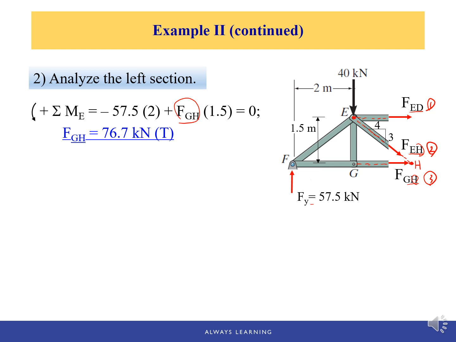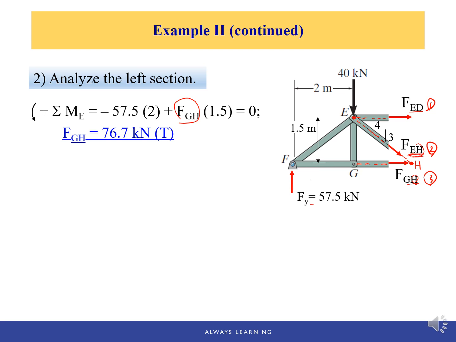And for the second equation, you can choose either one, just like example 1. We can use the moment about point H, or we can write the force equation. So let's start with the sum of forces Fy equal to 0. Of all the three unknown forces, only FEH has a y component.